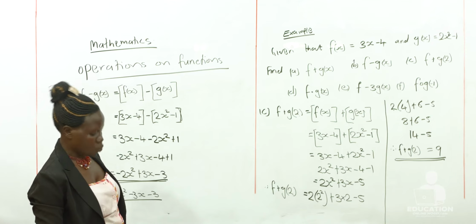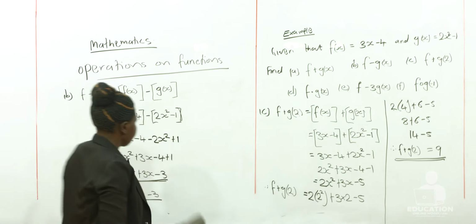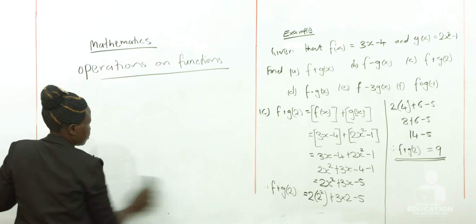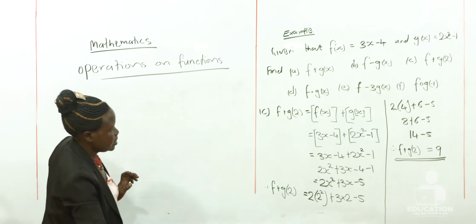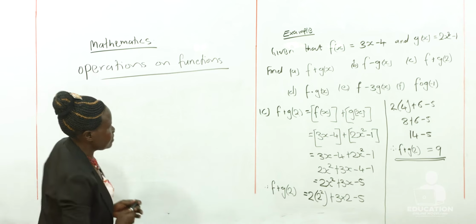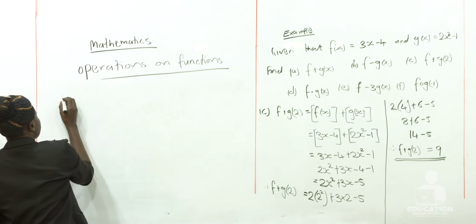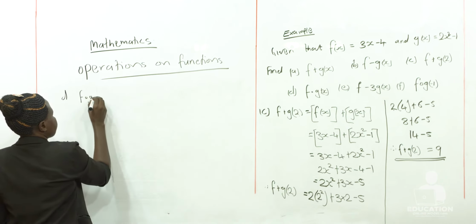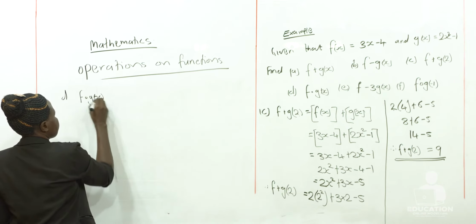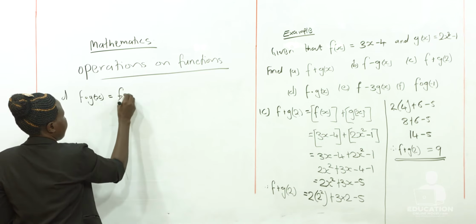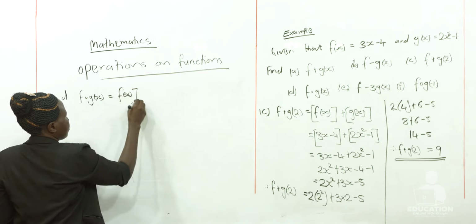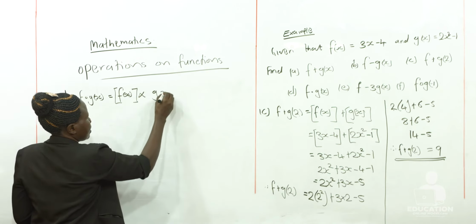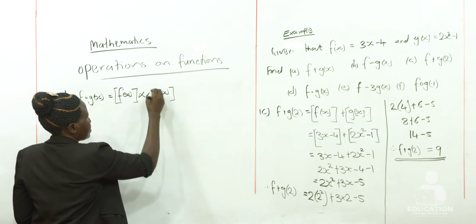Now when it comes to multiplication, that is part D. So for the multiplication in part D, you simply say (f times g)(x) is the same as f(x) times g(x).